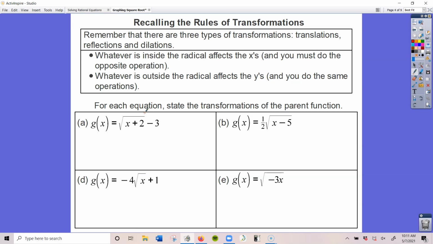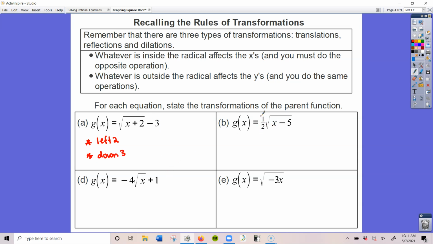And whatever is outside of the radical will affect the y's, and you do the same operations. So here we have a +2 inside of the radical, so this means that the graph was shifted to the left 2. Then we have the -3 on the outside, so this means that the graph went down 3.